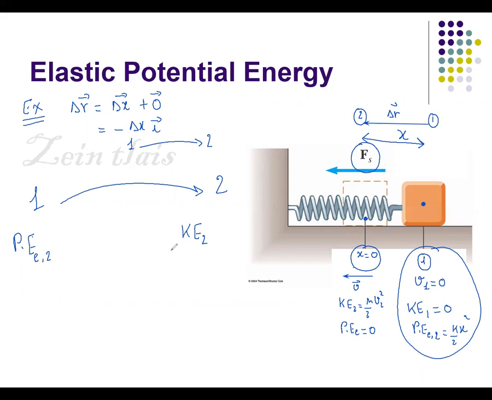So what we have here, the elastic potential energy is converted to the kinetic energy. Okay? You have to understand this point. You have a transformation of energy between elastic potential energy at the position 1 to the kinetic energy at the position 2.